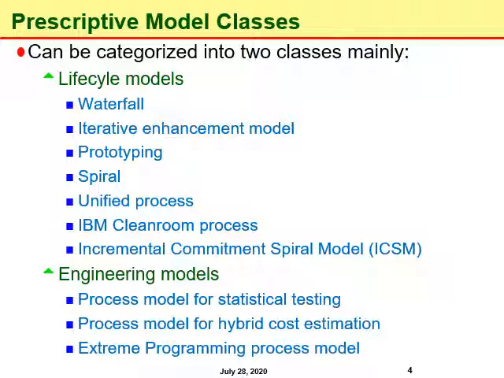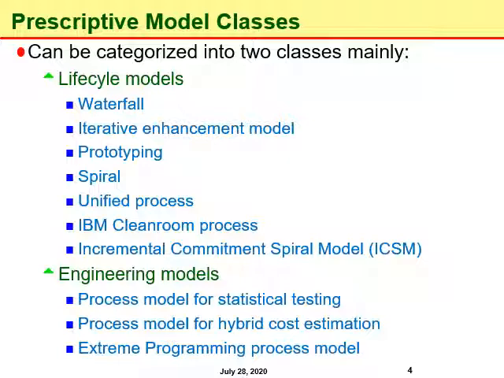The prescriptive models are categorized into mainly two categories, that is life cycle models and engineering models. The life cycle models include models such as waterfall, iterative enhancement model, prototyping model, spiral model, unified process, IBM Cleanroom process, and incremental commitment spiral model.